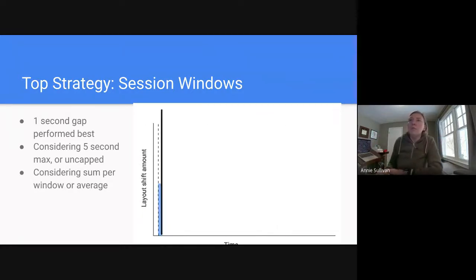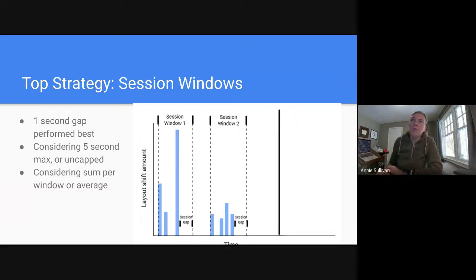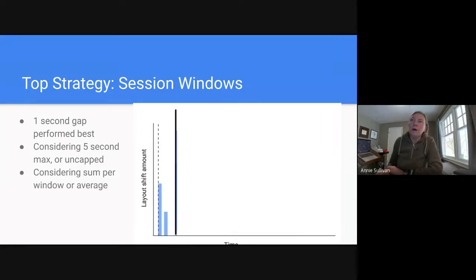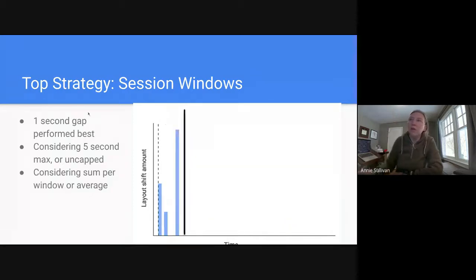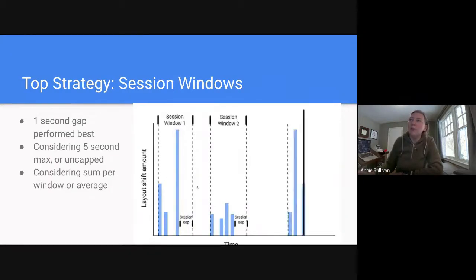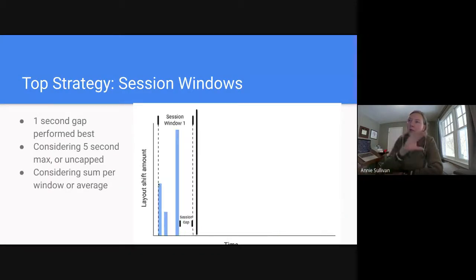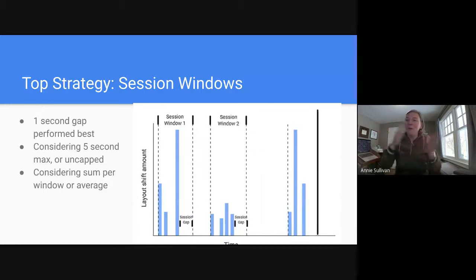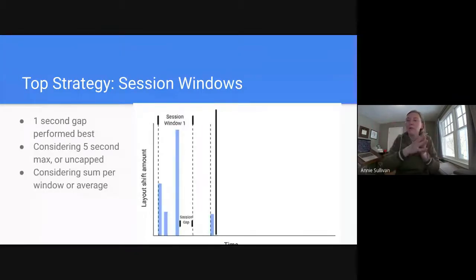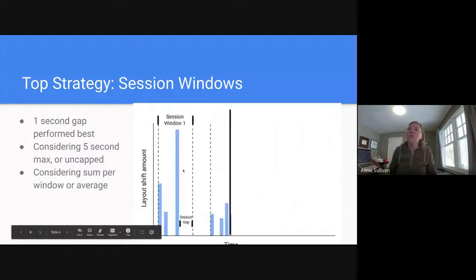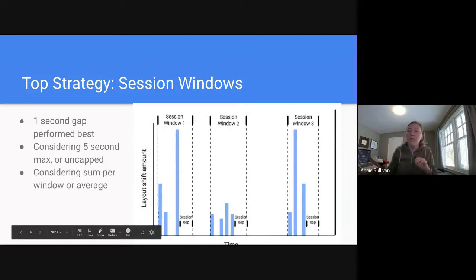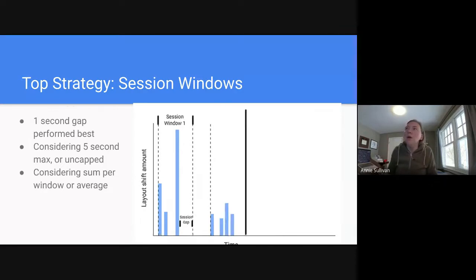Instead of just the max window, like for sliding, we're looking at the sum of the layout shifts in the window, or the average. The max window, either by summing or by the average of the layout shifts in the window. So those were the 4 that performed really well in our initial tests.